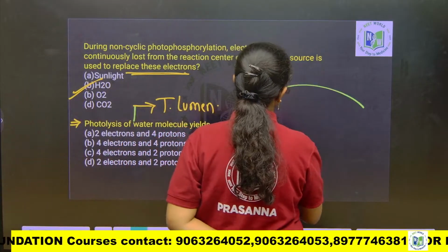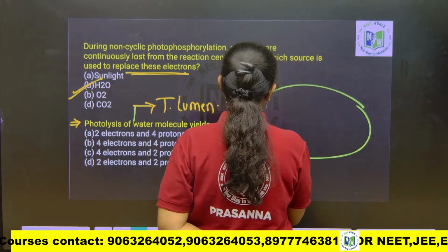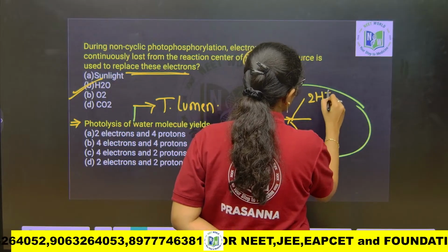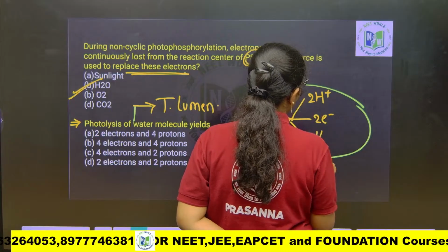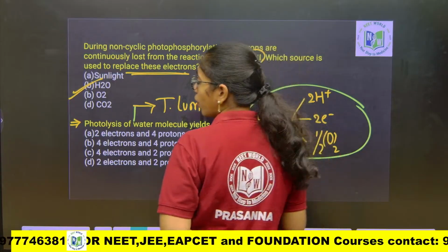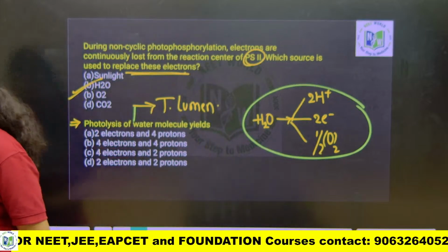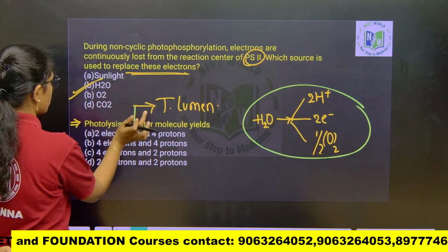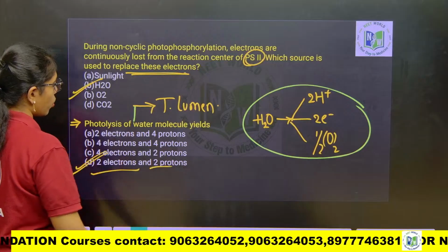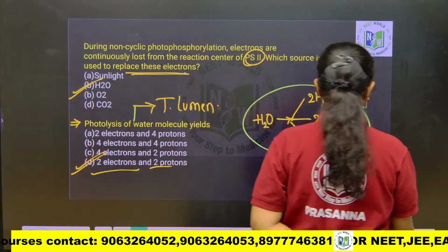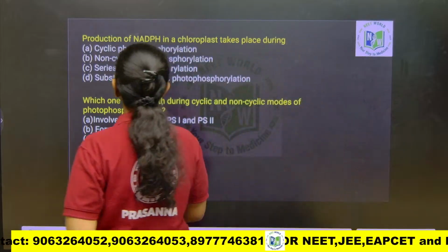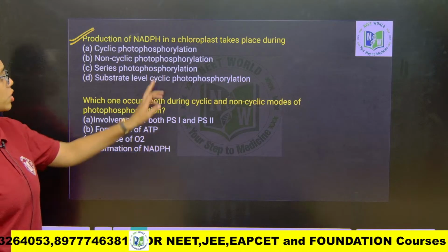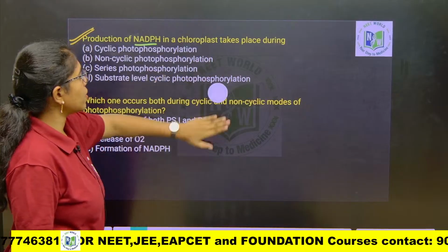Inside the thylakoid lumen, one water molecule is photolysed to 2 protons plus 2 electrons and an oxygen atom. So this is what is yielded from one water molecule. Next, production of NADPH in chloroplast takes place during what?